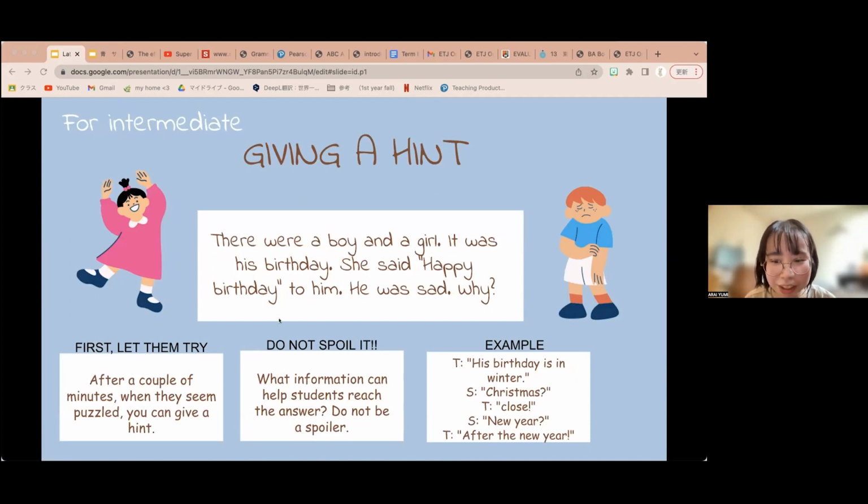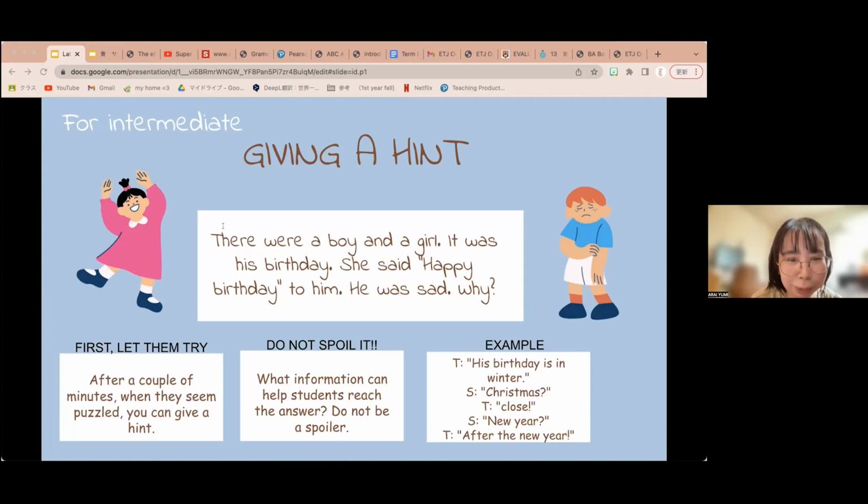This is an example of giving a hint. I just said his birthday is in winter. My students said, oh, Christmas Day? And I said, close. New Year, and after New Year. And then they reached the answer.